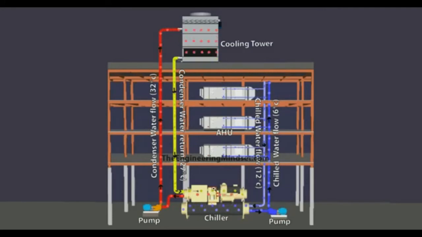The heat that is picked up in the condenser is then pushed in another circuit up by this centrifugal pump into the cooling tower, where the air is forced by a fan inside, and that dissipates and rejects the heat from the building. You can see it's being sent up at 32 degrees Celsius, and it's coming back at 27 degrees Celsius. This water returns back to the condenser, ready to pick up more heat from the chilled water system and reject the heat from the building.